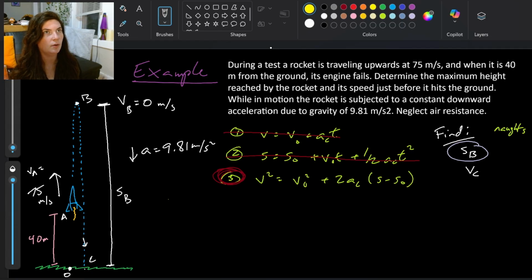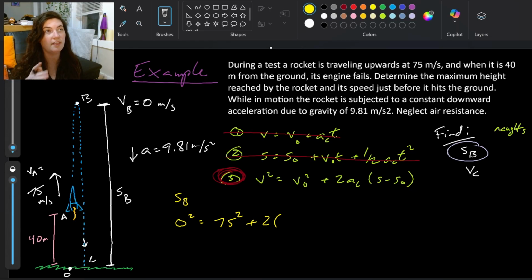So let's look at SB first. My final velocity, so my velocity at B, is 0. I have 0 squared equals my initial velocity at A, which was given as 75 meters per second, squared, plus 2 times constant acceleration.